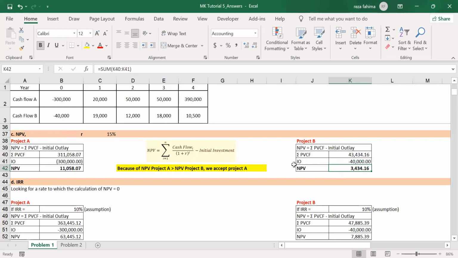From the NPV, we can conclude that the NPV for both projects have positive value, which means both of the projects are profitable in the future. But when we are about to choose only one, the NPV of project A is higher than the NPV of project B. It means that we are going to accept project A based on its NPV.